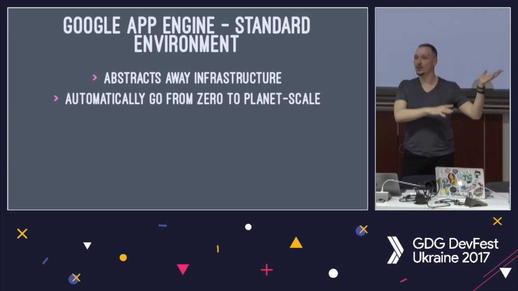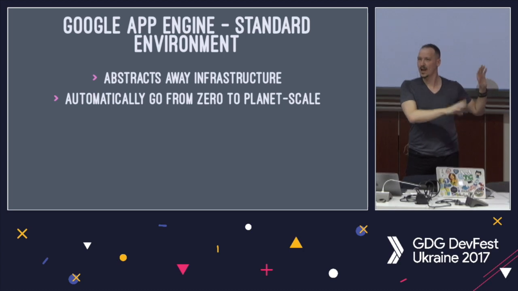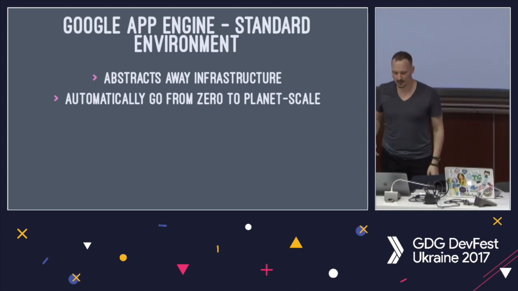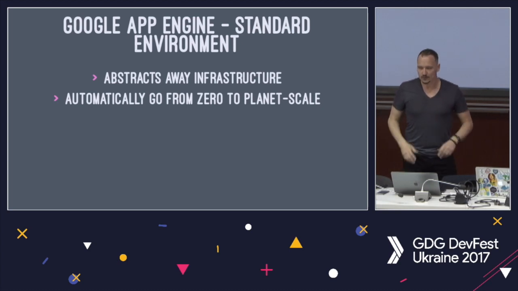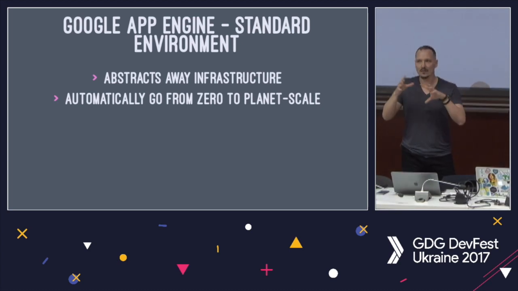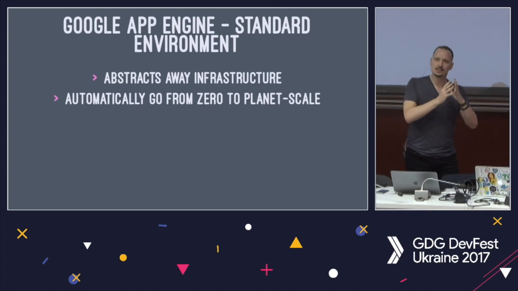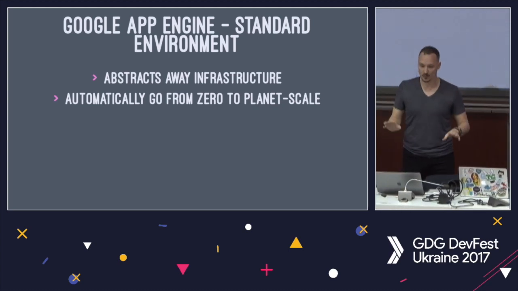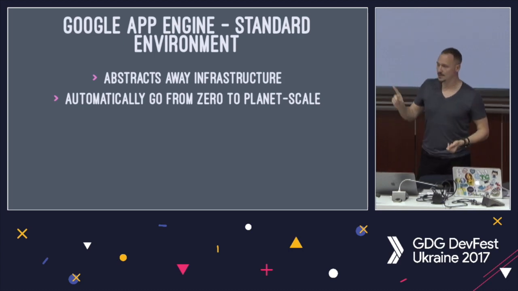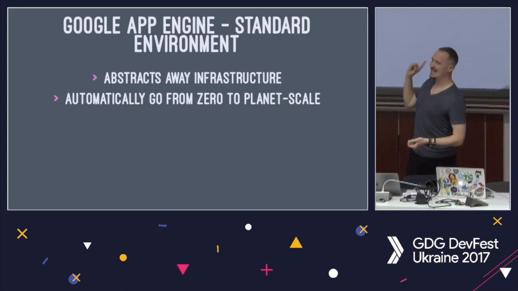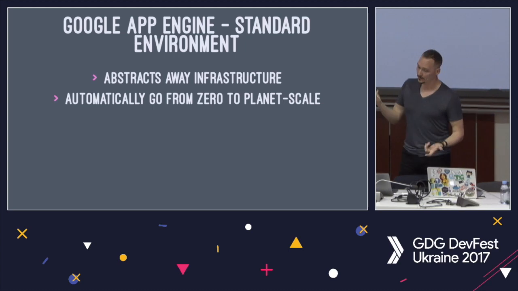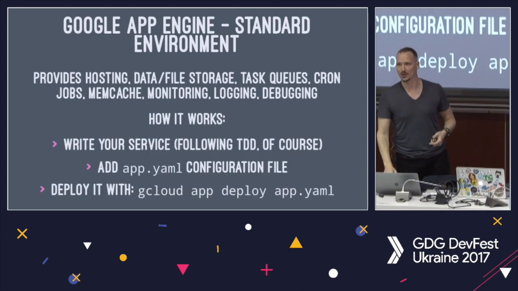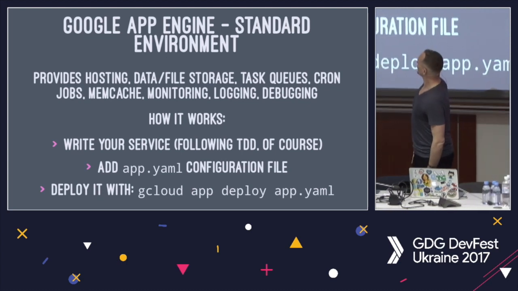You just give it the code, and App Engine's going to make sure it can run that code for you when the requests come in. So we don't really have as much control. So if you need control, you want to use gRPC, things like that, then App Engine Standard Edition is probably not the right choice. But you can go from 0 to planet scale for free. Not for free, you have to pay, but you don't have to do any work for it.